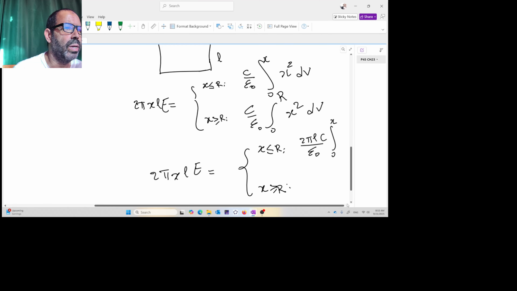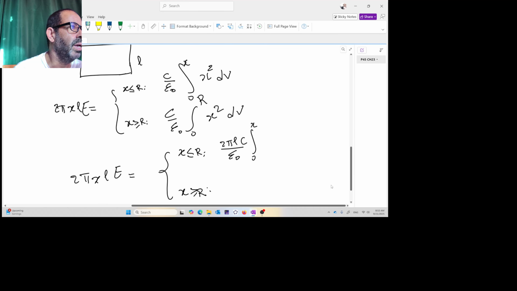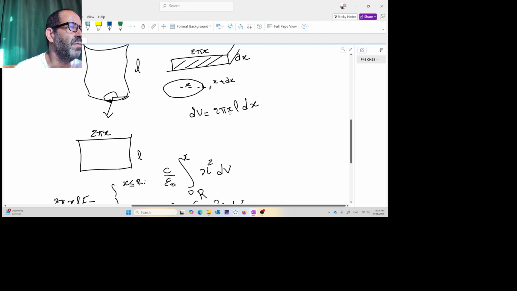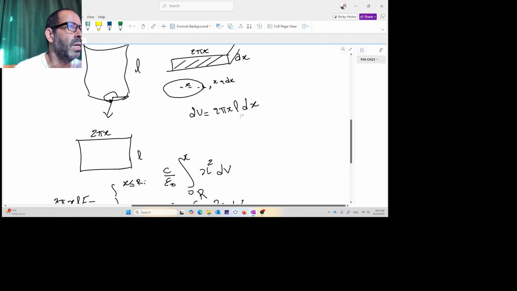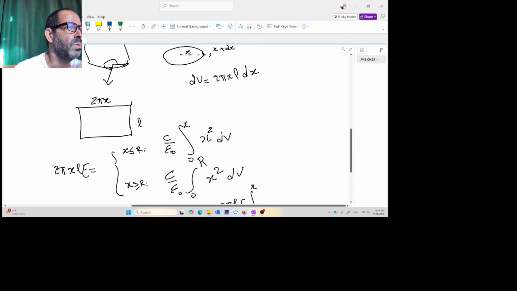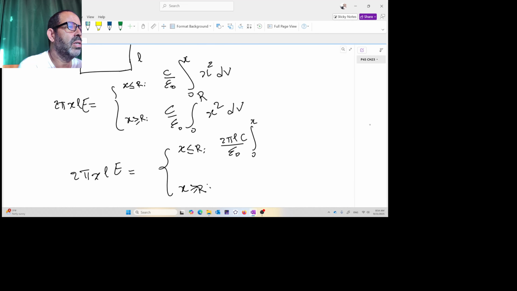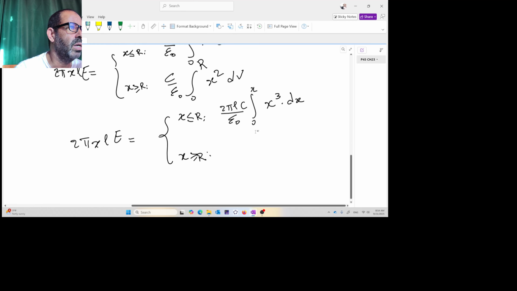I have an x squared, but I already have an x, and the x is coming from the element of volume. So everything else, the 2 pi L, comes out of the integral. I'm left with an x times x squared, so that's going to be x cubed dx.